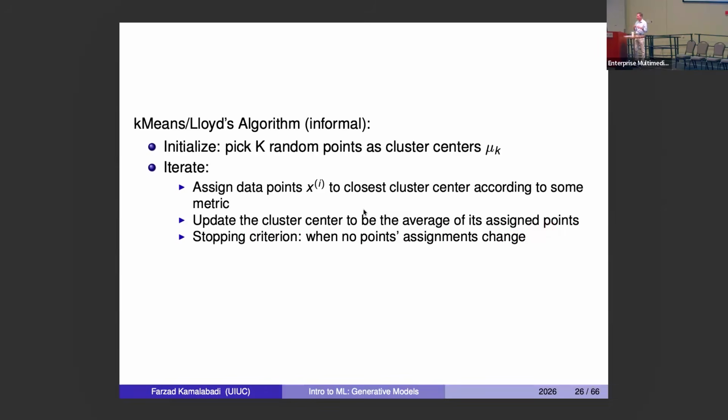Once the assignment is made, I take the average of all the points in each cluster and move that center to the new average. Now I have a new center. The stopping criterion is when no point assignments change. You iterate and nothing changes. Finally, you end up with a frozen representation.